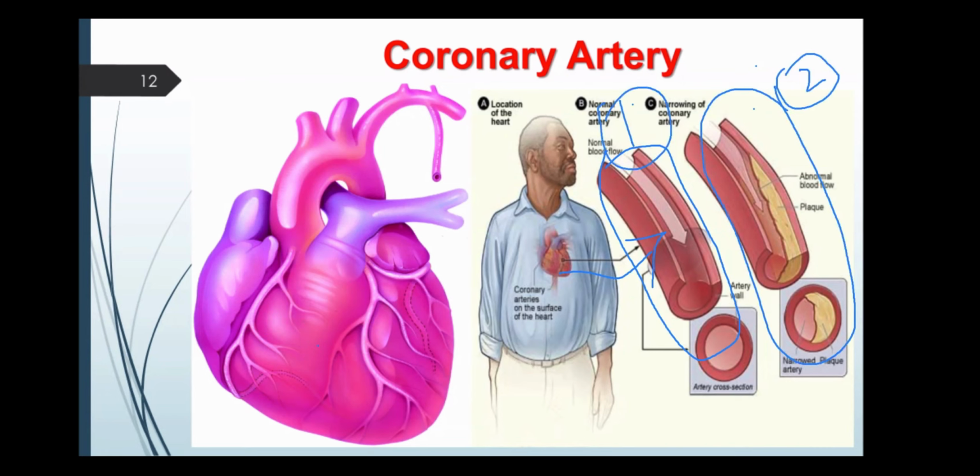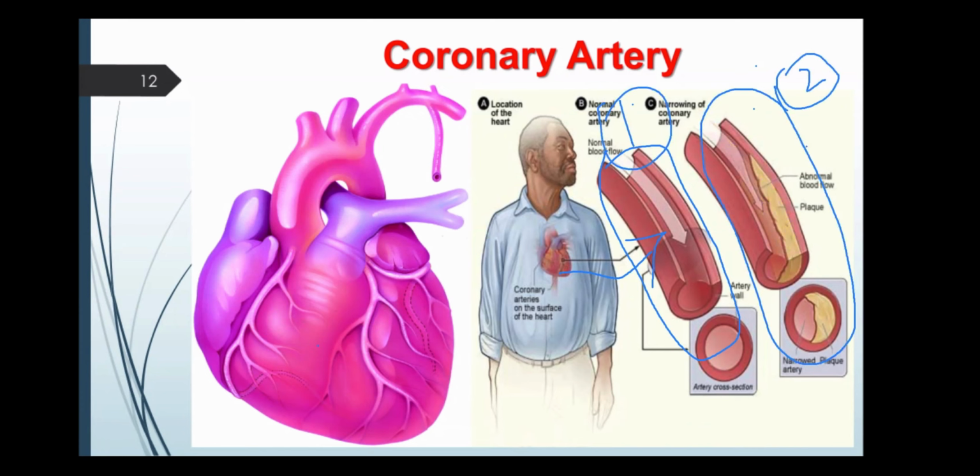When your blood vessel becomes like this, you see this yellow portion, and this is called plaque. It blocks the tube which gives blood to the heart. This yellow deposit is called plaque, and this plaque is dangerous.